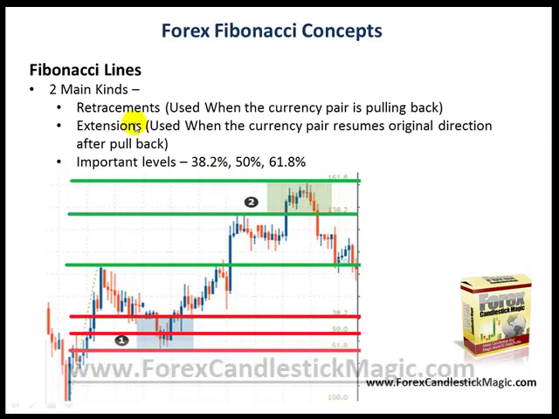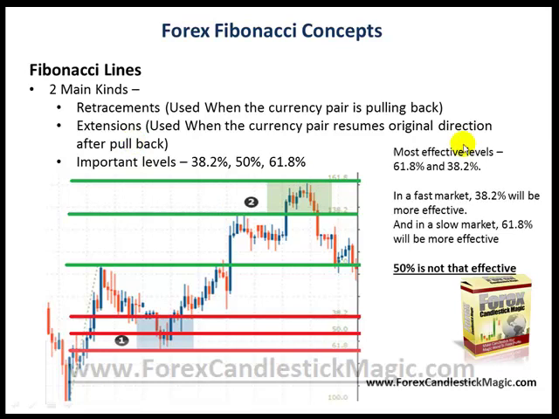So the purposes of retracement and extensions are a bit different, but before we go there, there's one important thing I want to tell you. The most effective levels are 61.8 and 38.2. In a fast market, for example, if the currency pair moves very fast in one direction, it will get a good support or resistance at the 38.2 Fibonacci level.